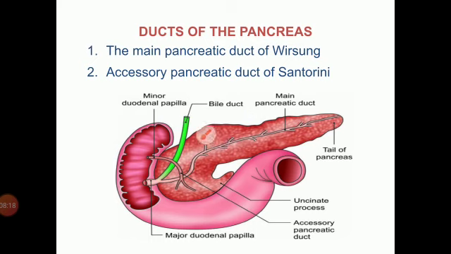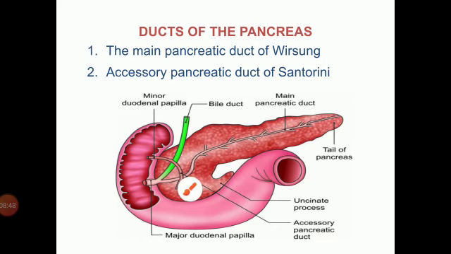The two ducts, the bile duct and the main pancreatic duct, enter the head of the pancreas and join to form the hepatopancreatic ampulla of Vater, which opens by a narrow mouth on the summit of the major duodenal papilla, which lies about 8 to 10 centimeters away from the pylorus. The second duct is the accessory pancreatic duct.